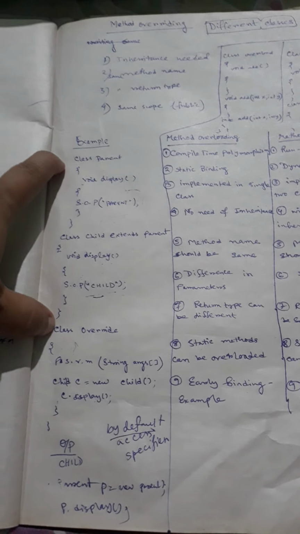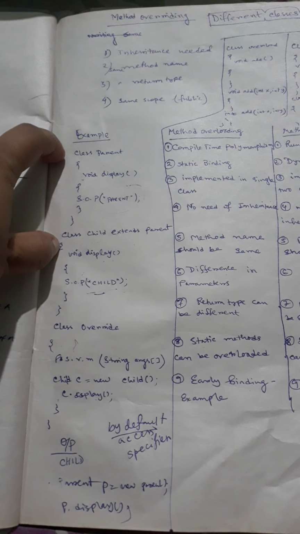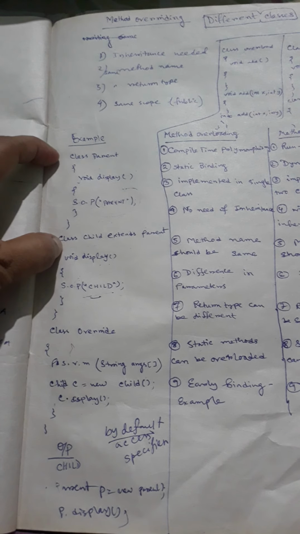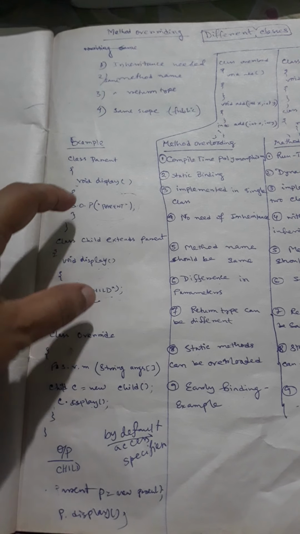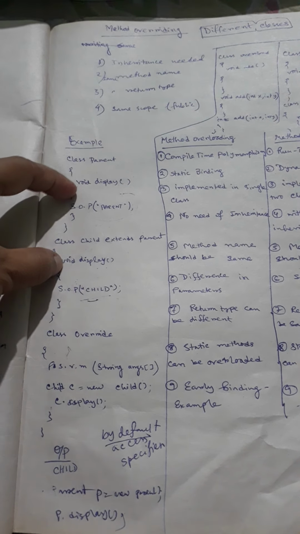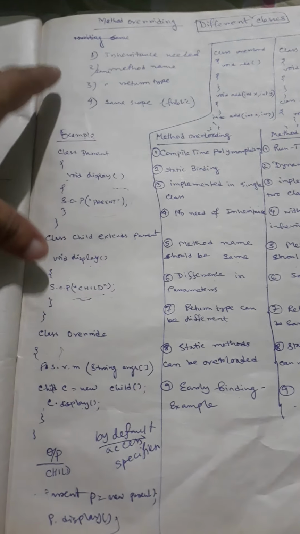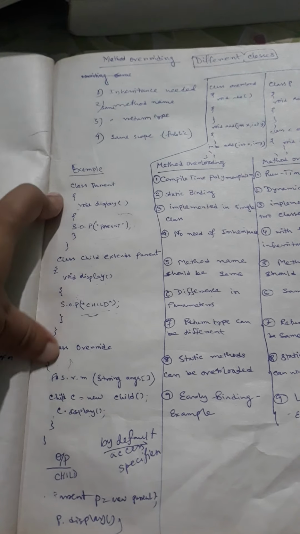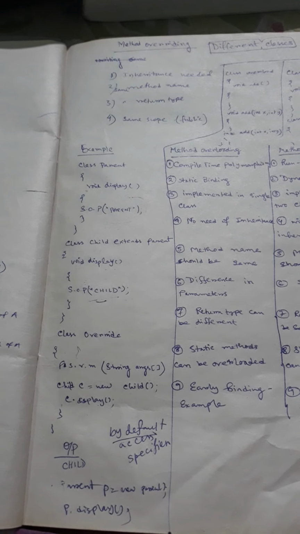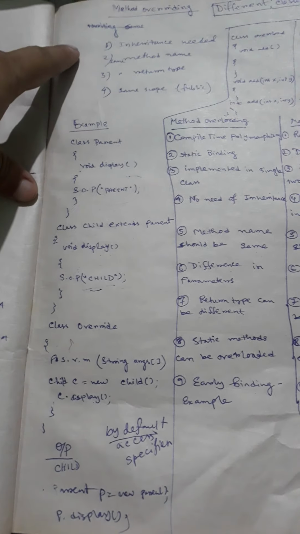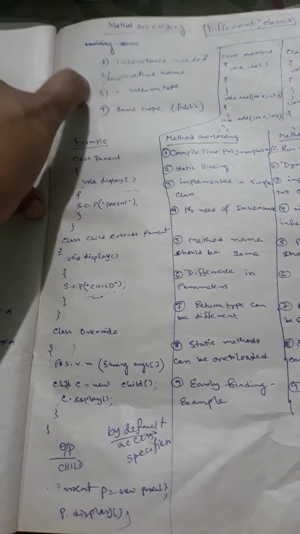Here is the example of inheritance, where we write different classes: class parent, class child. Within the different classes the same method name is present. So this is the concept of inheritance where overriding is basically used. So condition 1 is satisfied.